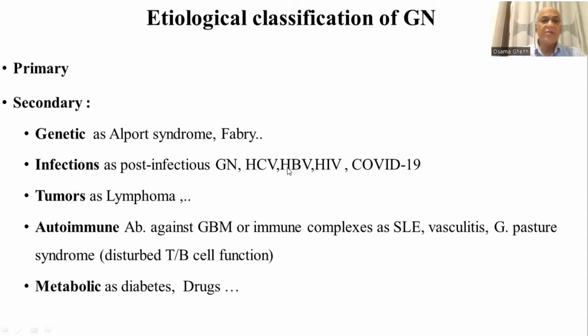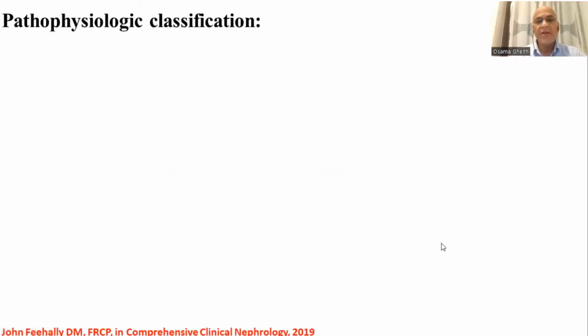Infection-related GN, especially viral and bacterial infections. Tumors like lymphoma, autoimmune disease, as what happened in lupus and vasculitis and GPA disease. Or it may be a manifestation of systemic disease like diabetes.